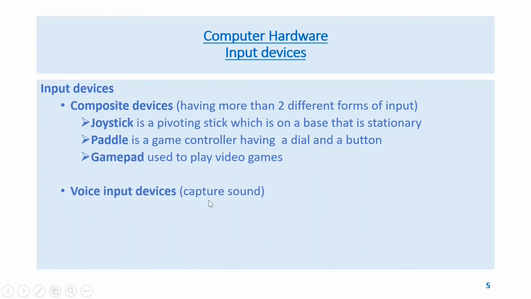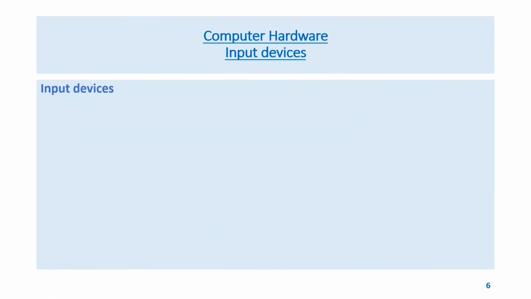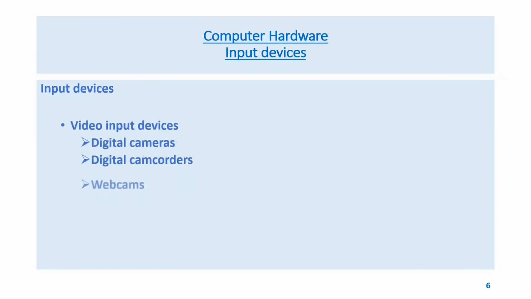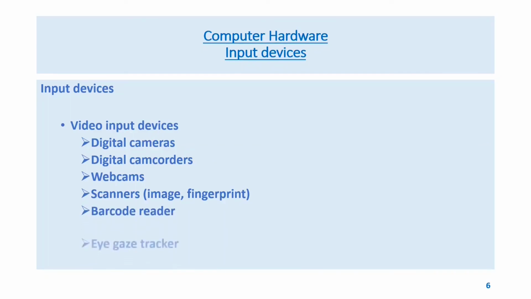Voice input devices. They capture sound. They are microphones and digital musical instruments. Video input devices. Digital cameras, digital camcorders, webcams, scanners, that is image scanners, fingerprint scanners, barcode reader, eye gaze tracker.